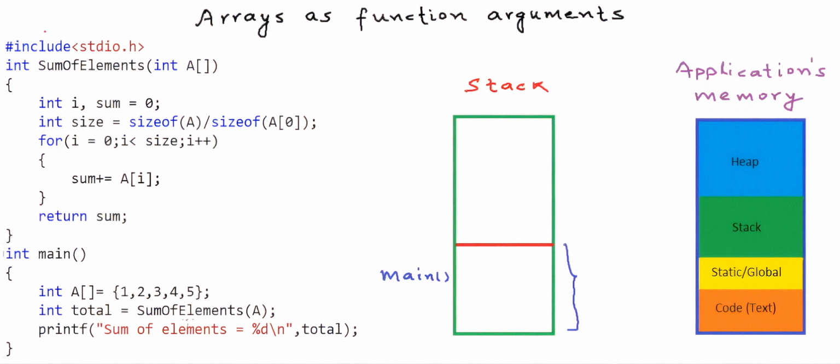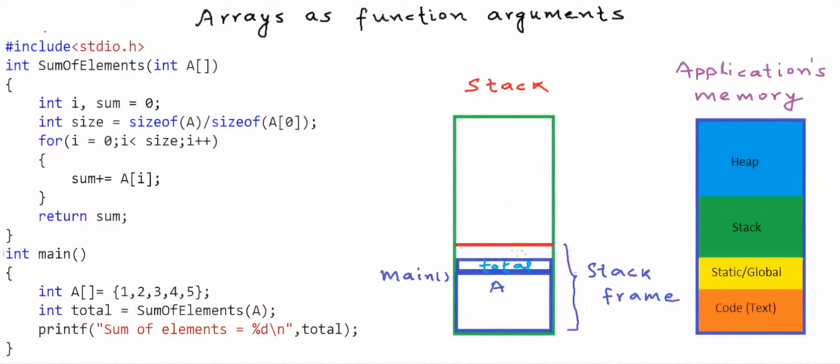Now here in the main method we have two local variables. One is the array A and another local variable is the integer total. If an integer is 4 bytes, exactly 20 bytes would be allocated from this stack frame for the array A, and 4 bytes for the variable total.